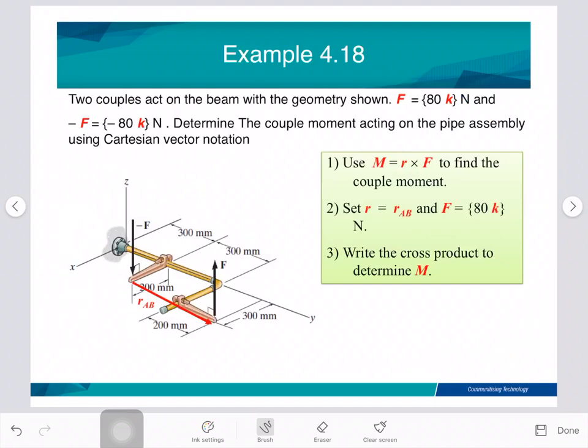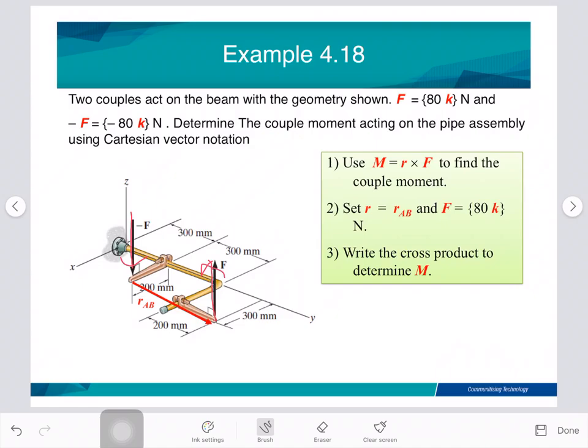So now we have two forces here. We need to determine the couple moment acting on the pipe. You need to determine which force we want to use, is it negative or positive?